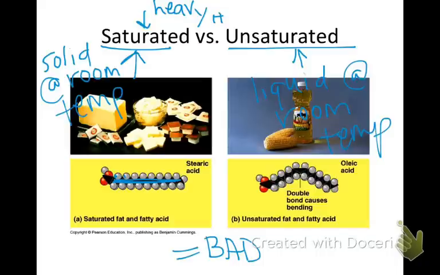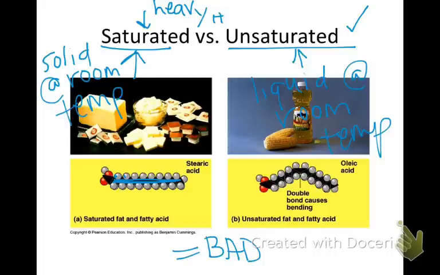These are originally unsaturated. They're liquid. But what happens is they add hydrogen. They shove hydrogen into those unsaturated liquids, and they break those double or triple bonds. They turn that really nice, healthy unsaturated fat into a saturated fat. That's not good.